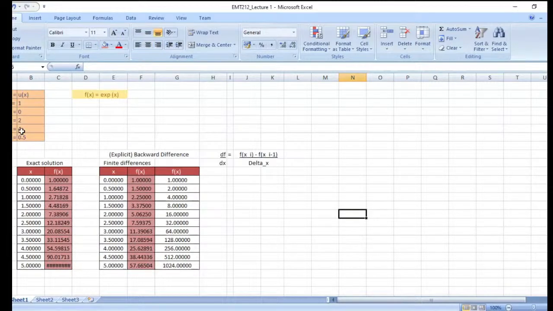Let's say we divide it into double the number, maybe like 8. See, it's getting closer. The approximation is getting closer. Let's increase some more, maybe 50.